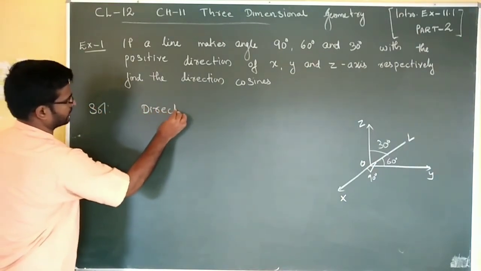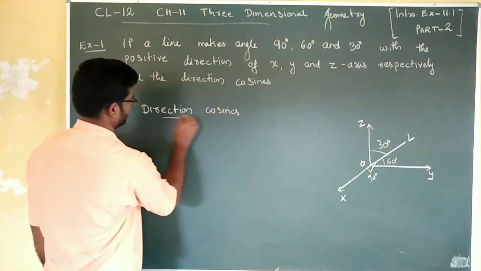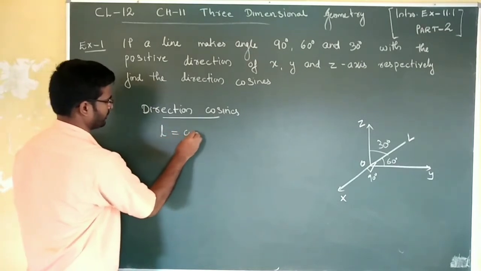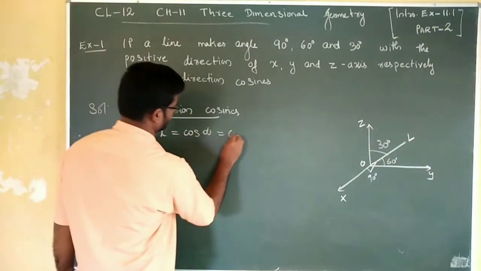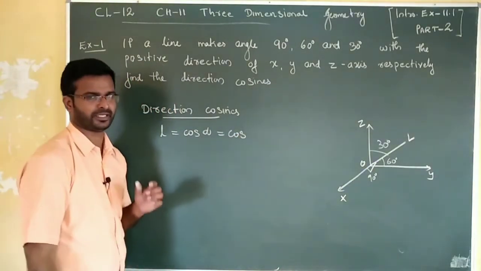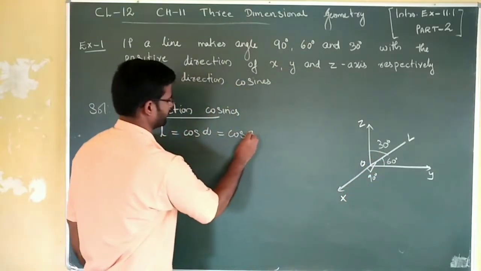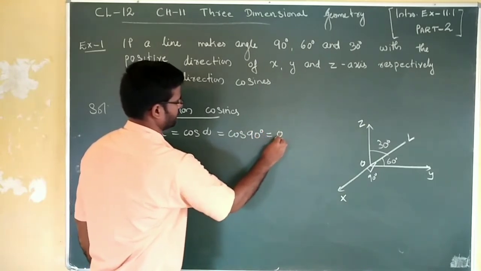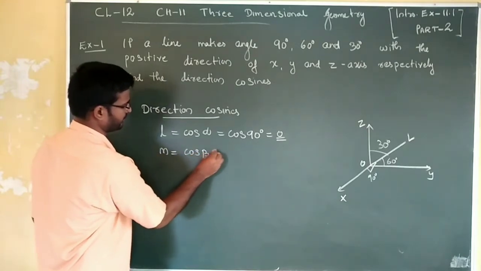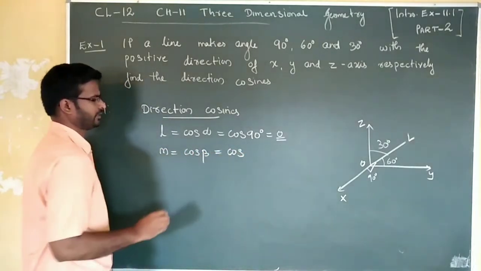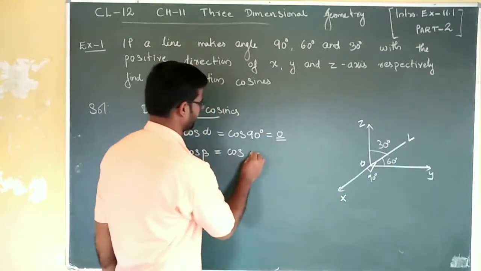Direction cosines. That is l equal to cos alpha, where alpha is the angle between the x-axis and our line, which is 90 degree. Cos 90 value is 0. The next, m, means cos beta, the angle between the y-axis and the line, which is 60 degree.